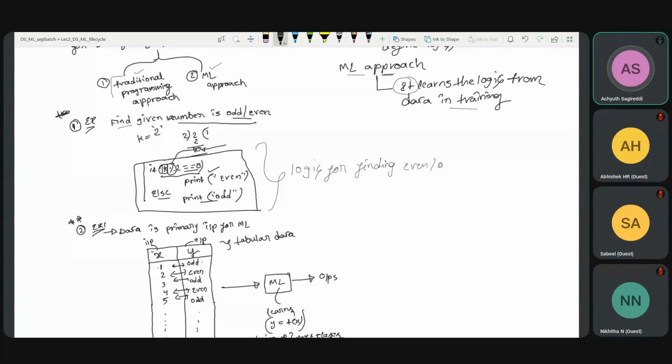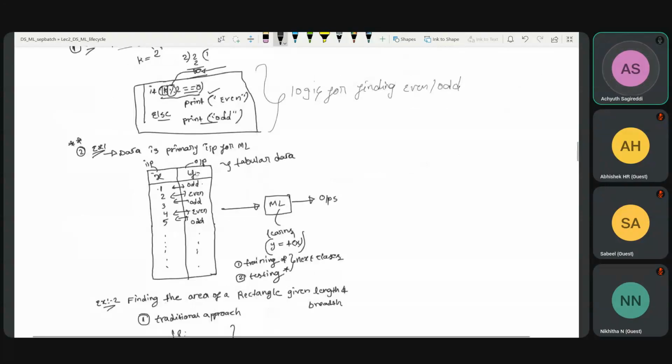In the traditional approach, we have to code the logic. Whereas in the machine learning approach, the data is the main input. So assume we have this data, and we have to use a machine learning algorithm.